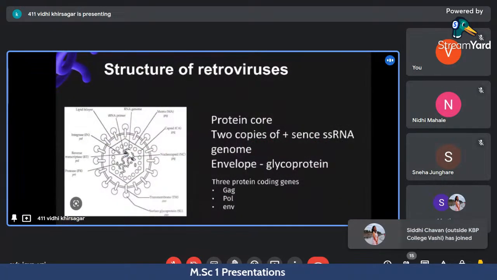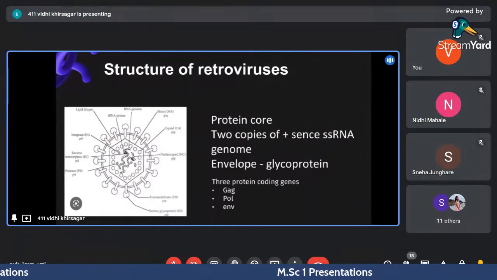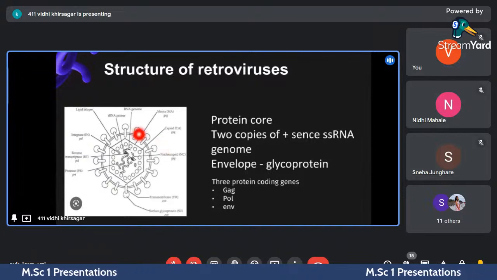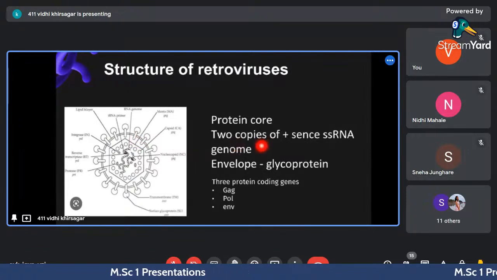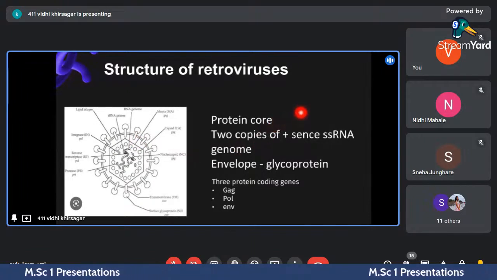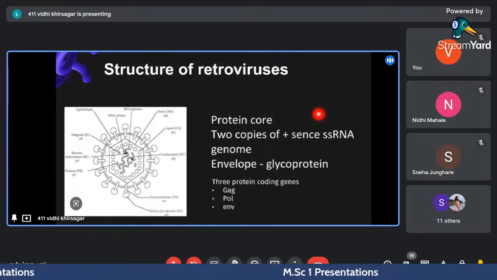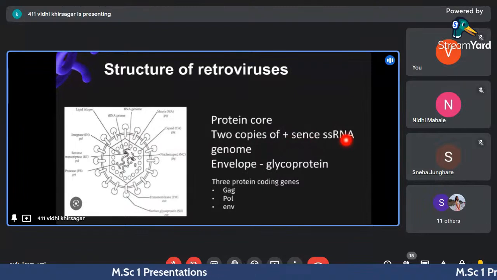Structure of retroviruses. As we all know, the virus is made up of a protein core, which we call the capsid. The virus structure shown here is of RSV, Rous sarcoma virus. There are two copies of plus sense RNA genome.